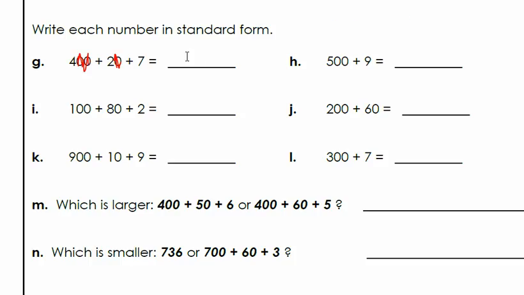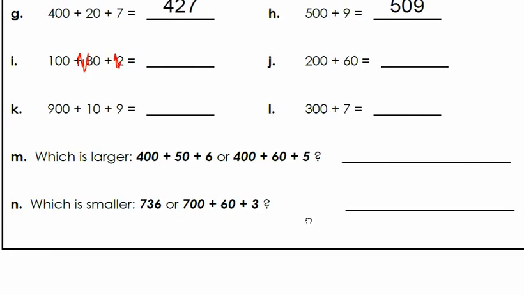Now look at 8. I have 500 plus 9. So obviously 5 goes first. Do I have any 10s? No. So what number am I going to use to replace that? 0. And then what goes at the end? 9. That's all you need.